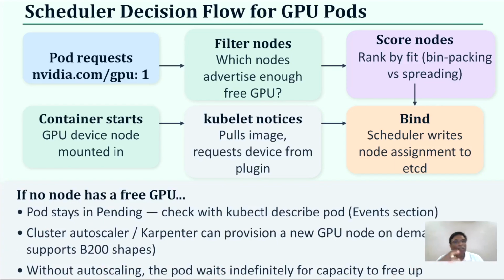So the container may start and the GPU device node is mounted in, but there is no binding happening so that it binds to the pod, and then the pod is scheduled onto the node where the GPU is actually there. These are two different things which we should understand, and check with kubectl.